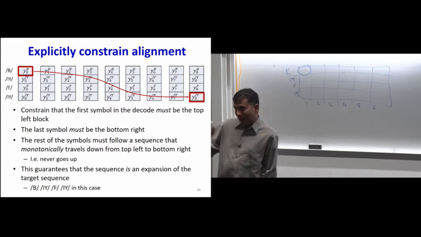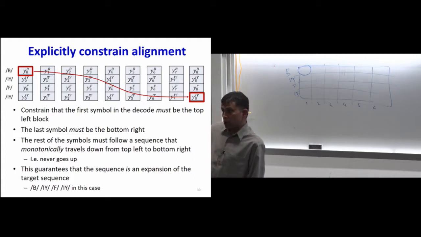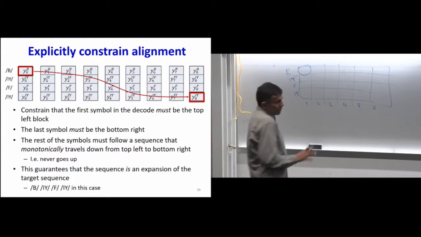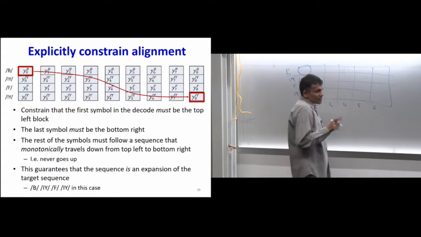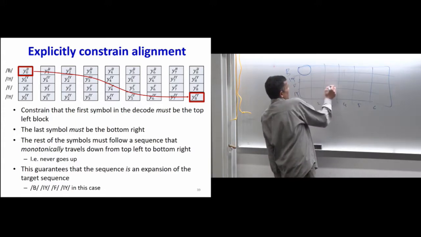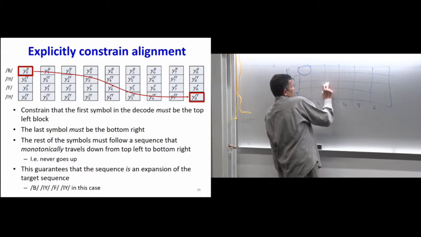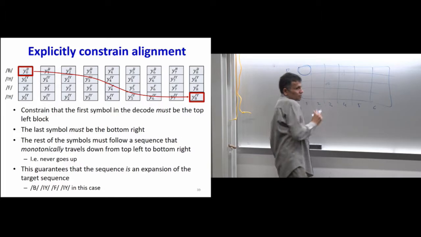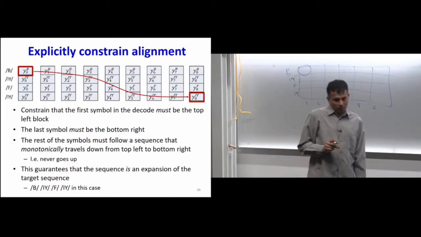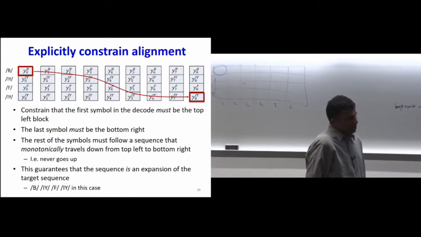Okay? So that means my first time instant is going to be aligned to B. I'm not going to allow choosing any other. Now at every subsequent column, I have this simple constraint that the one I'm allowed to choose must be greater than or equal to what I had earlier.